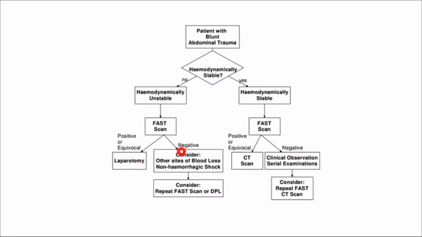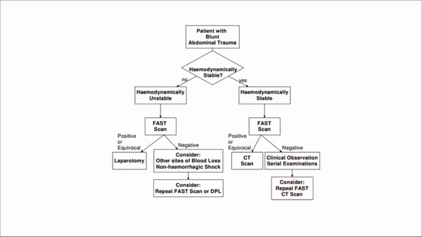However, if it's negative but there is continuous instability of the patient, a repeat FAST or a diagnostic peritoneal lavage may be considered. In stable patients with positive FAST exam, usually CT scan is indicated for evaluation of other forms of solid organ injury.